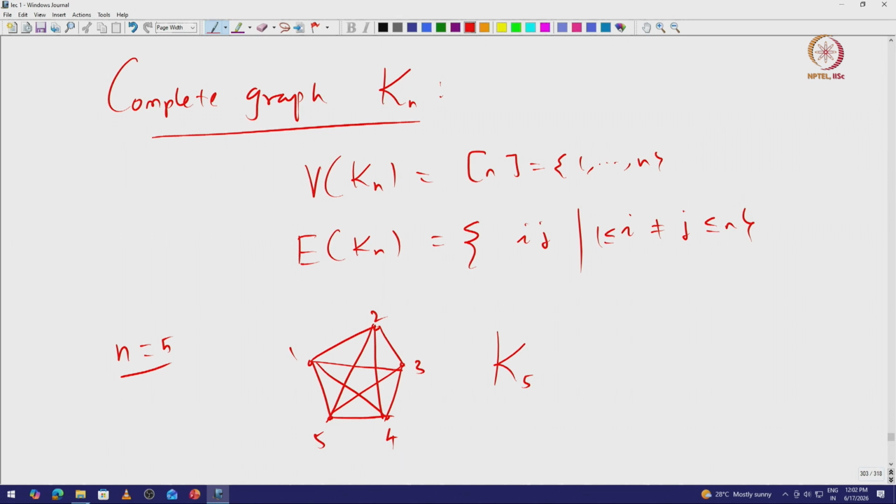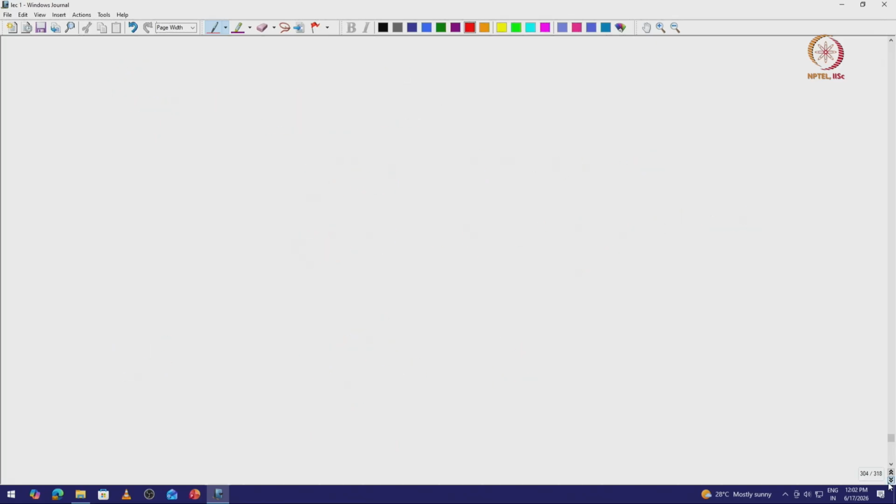Okay. So, now there is another important notion called bipartite graph. For that first we need to define what is called a bipartition. A bipartition of the graph is a tuple x and y, where x and y are two subsets of the vertices, such that each edge has one end in x and one end in y.